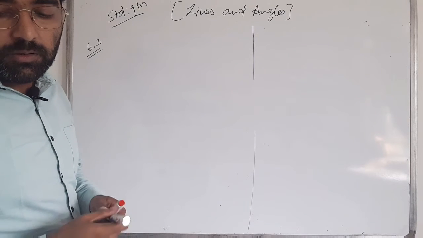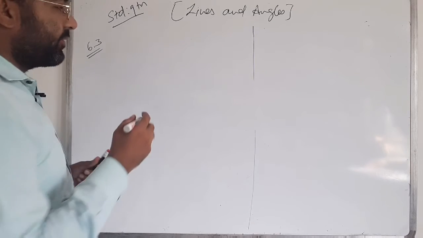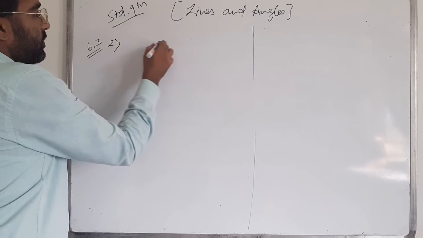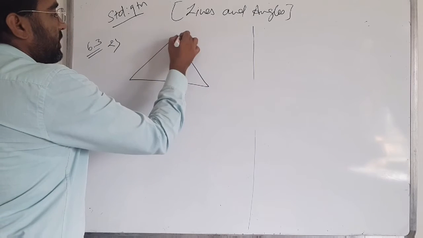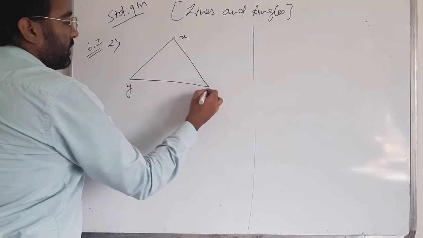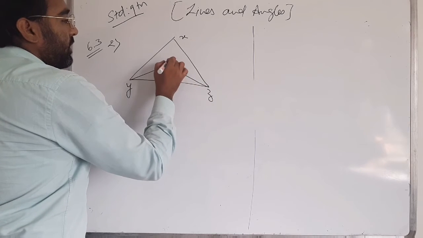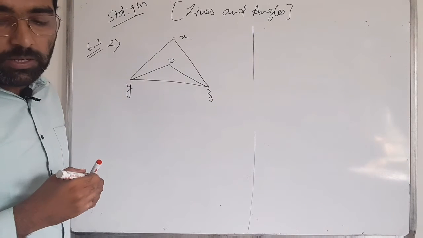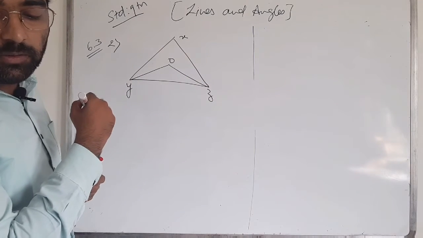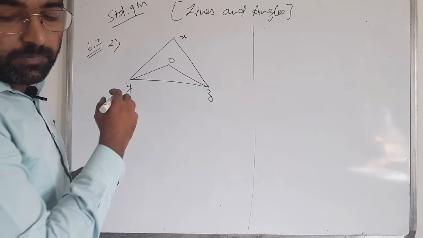In the figure, triangle XYZ is given. In triangle XYZ, the bisectors of angles Y and Z meet at O. Angle X is also given as 62 degrees.